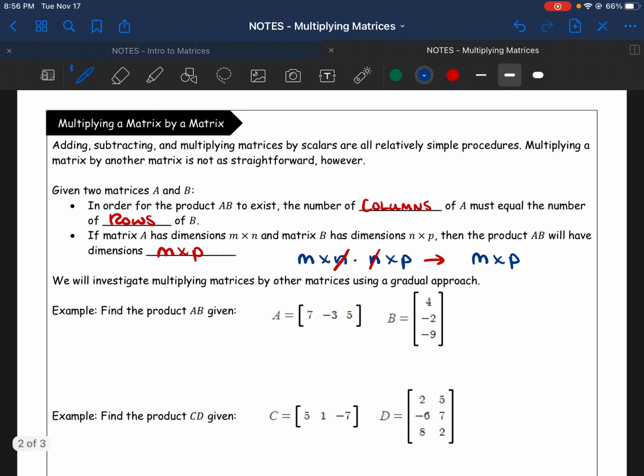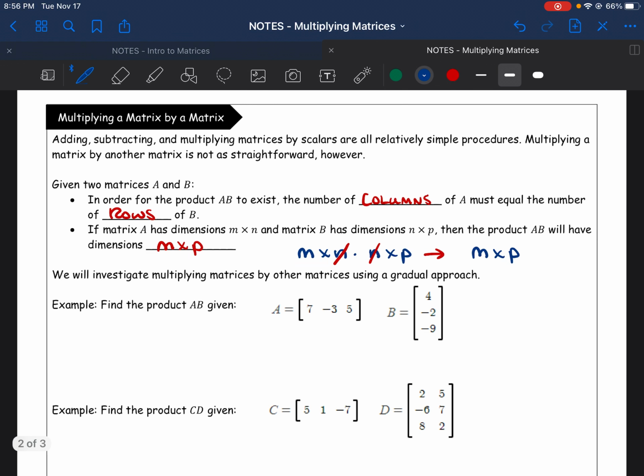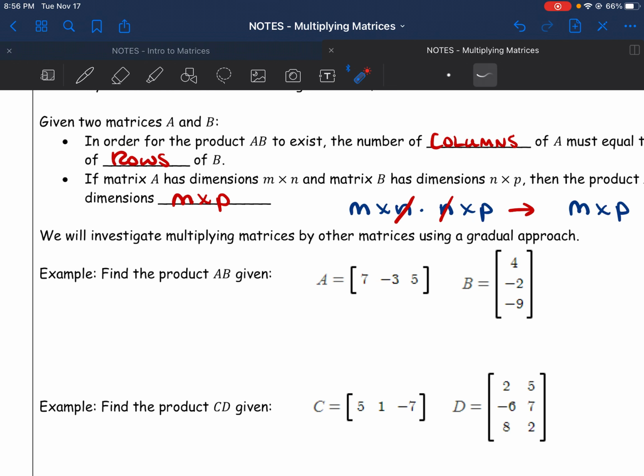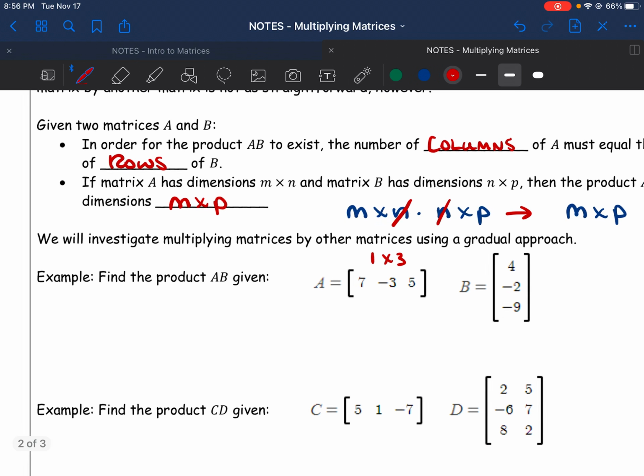So we're going to investigate multiplying matrices by other matrices using a very gradual approach. First, we're going to take matrices A and B to be pretty small dimension matrices. A is going to be a 1 by 3 matrix. B is going to be a 3 by 1 matrix.